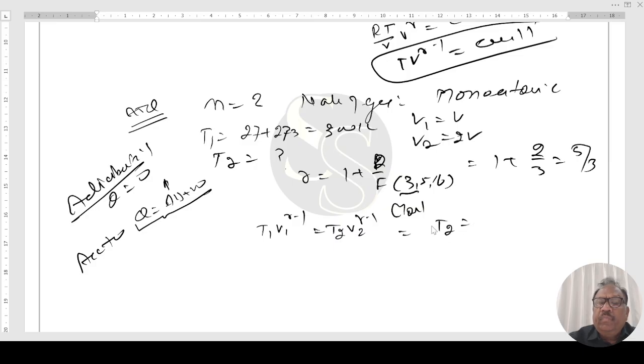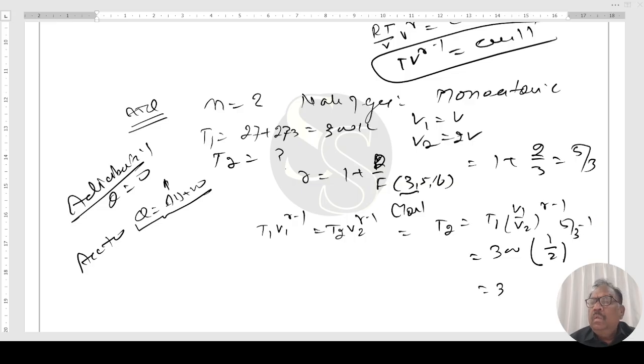T2 equals T1 times V1 over V2 to the power gamma minus 1, that is 300 times 1 by 2 to the power 5 by 3 minus 1, that is 300 times 1 by 2 to the power 2 by 3.